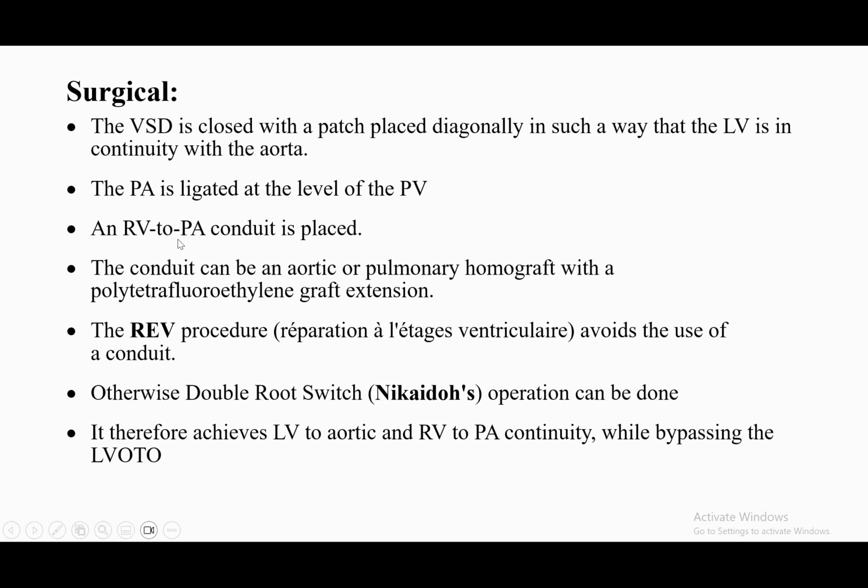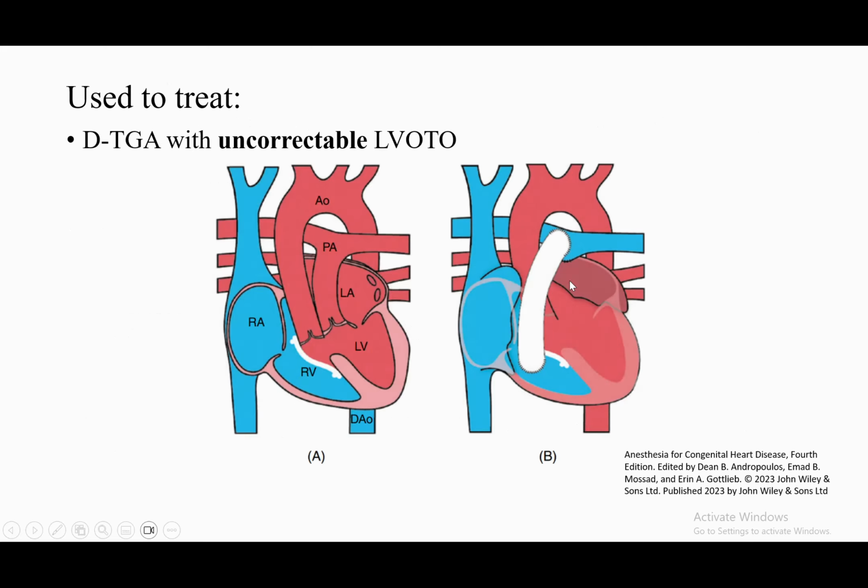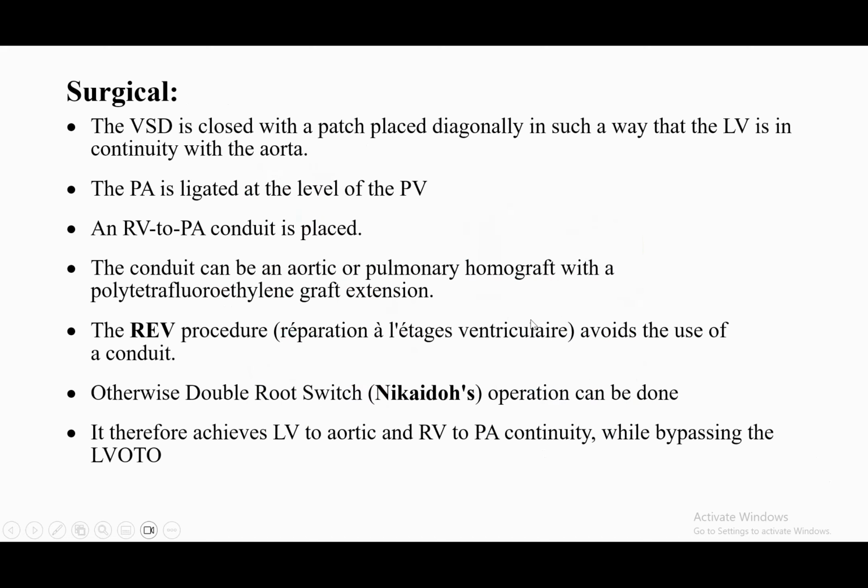An RV to PA conduit is placed. The conduit can be an aortic or pulmonary homograft with a polytetrafluoroethylene graft extension. It can also be a valved Contegra graft, which is better than a hollow tube.